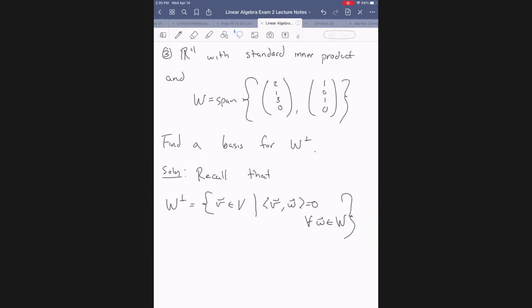So now that you know this, how do you think you'll find all vectors that are perpendicular to the ones in W? I think the question also says that W is the span of these two vectors, right?